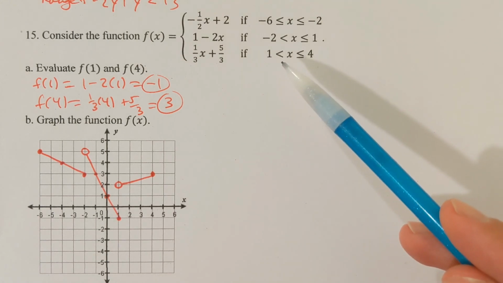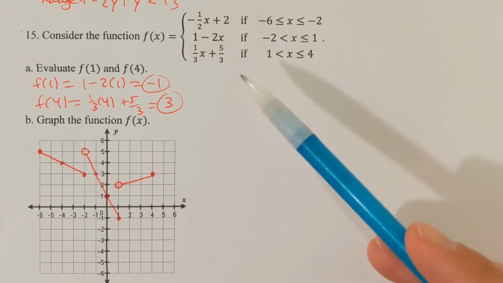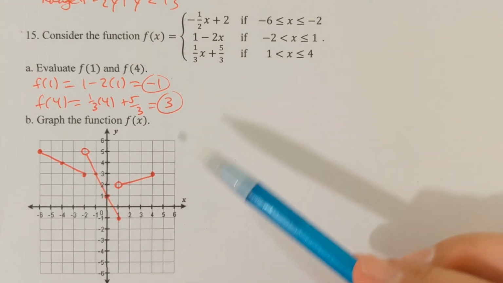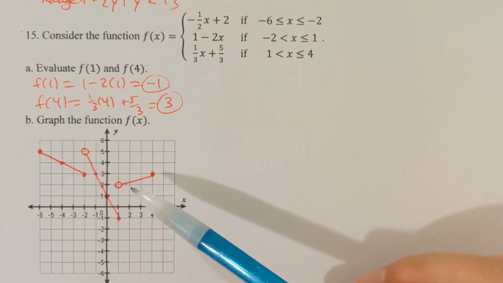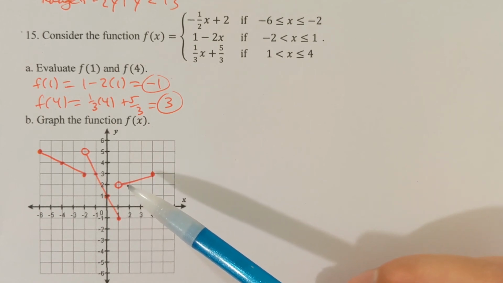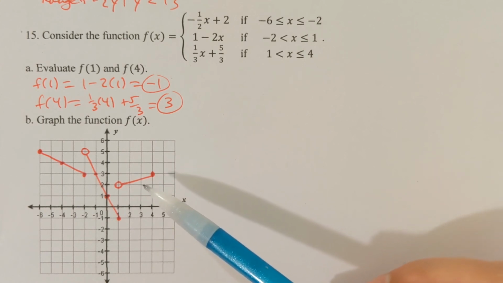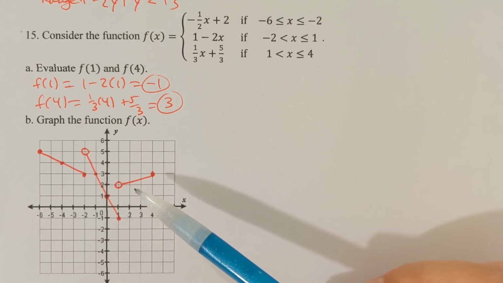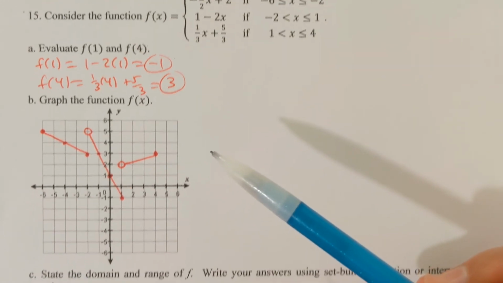I'm not including 1, so I want an open circle there. I'm including 4, so when x is 4, 4/3 plus 5/3 is 3. I need to draw a line between 1 and 4, with an open circle on the left side and a closed circle on the right side.